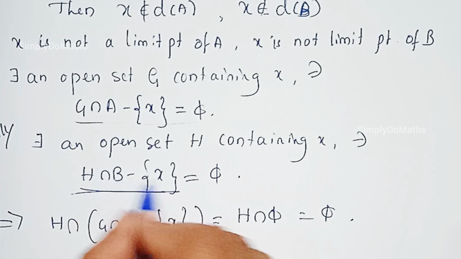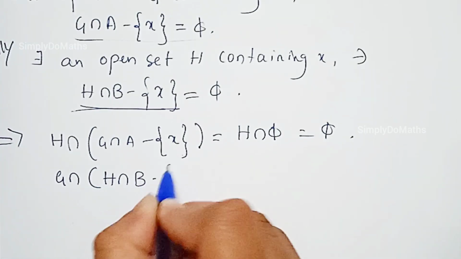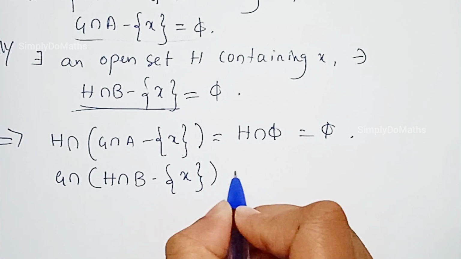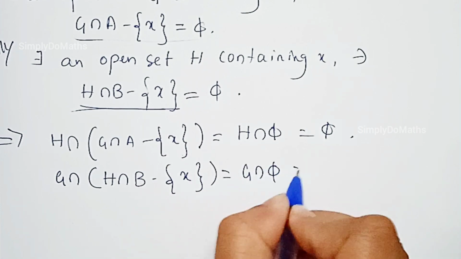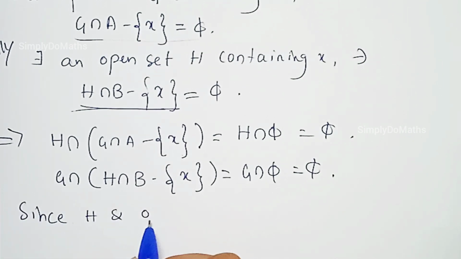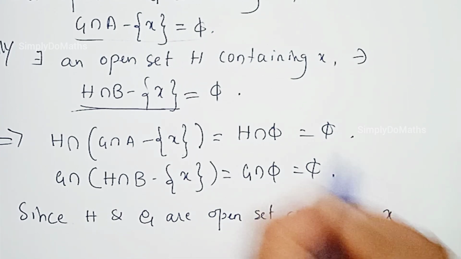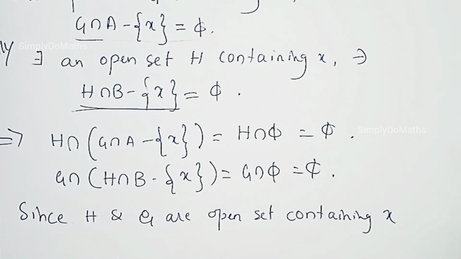Similarly, I will apply G for this: G intersection H intersection (B minus singleton set X) is equal to G intersection empty, which is also equal to empty. Since H and G are open sets, both are containing X, by the definition we have taken.